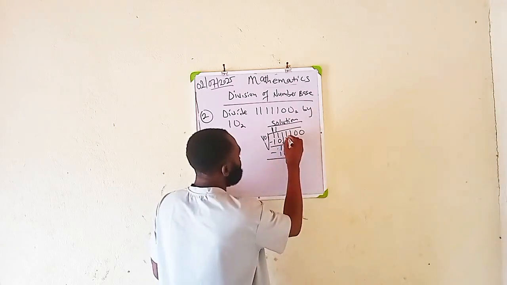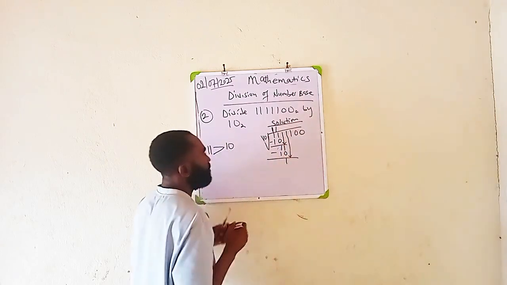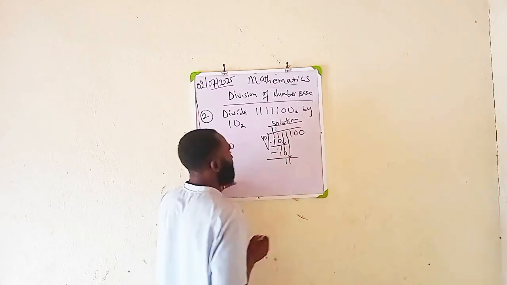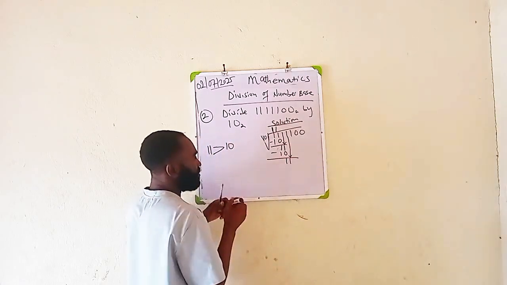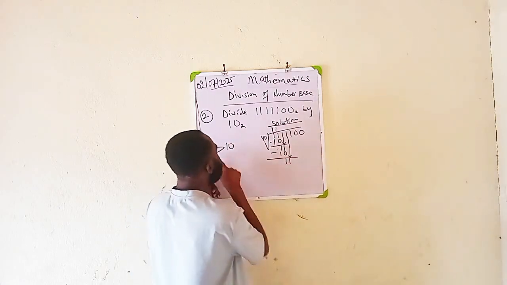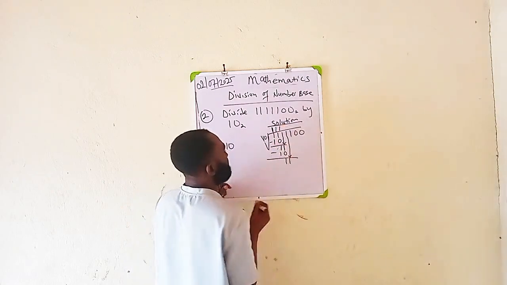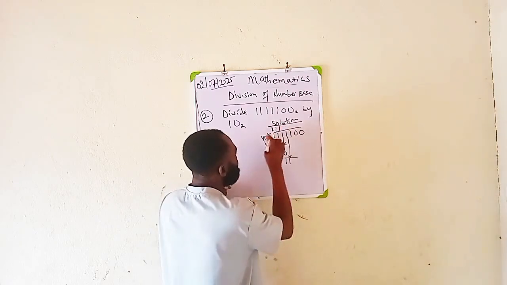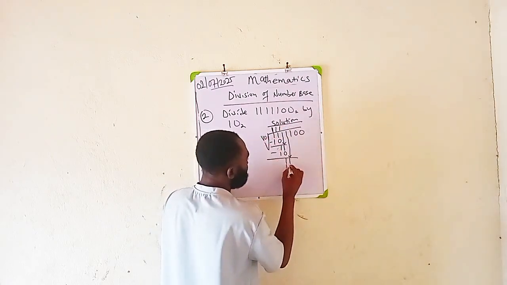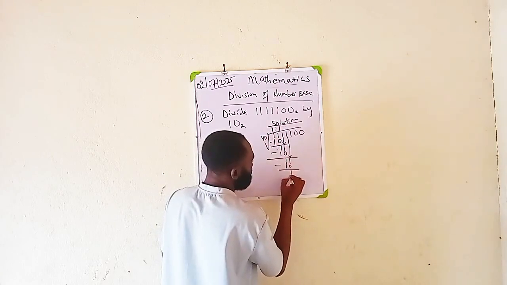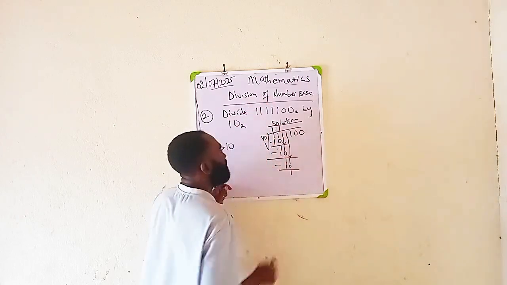We push the fourth digit down. We are still having the same result. 1 1 is greater than 1 0. When we divide, we are going to have 1 again. Then 1 times 1 0 will give us 1 0. 1 minus 0 is 1. 1 minus 1 is 0.